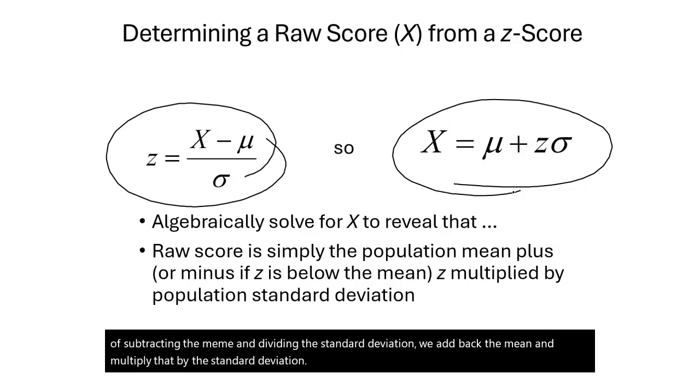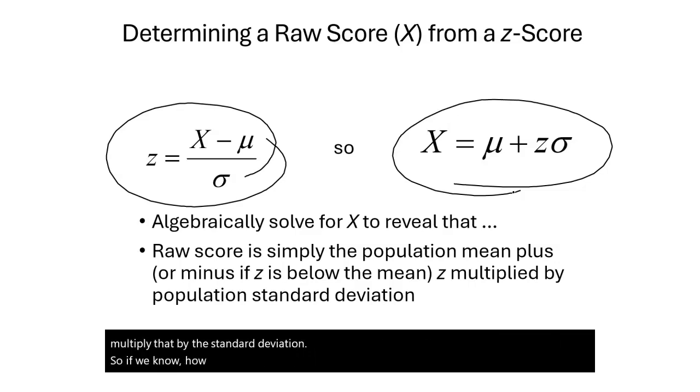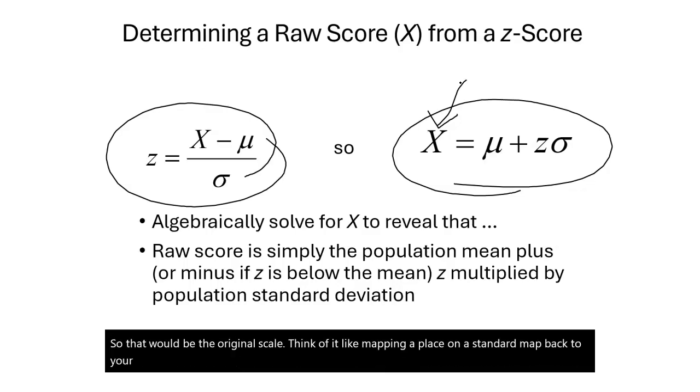So if we know how many standard deviations above or below the mean you are, your z-score, you can find out the actual score for x. That would be the original scale. Think of it like mapping a place on a standard map back to your local neighborhood. The z-score is your coordinate in the standardized world, and your formula tells you the real address.